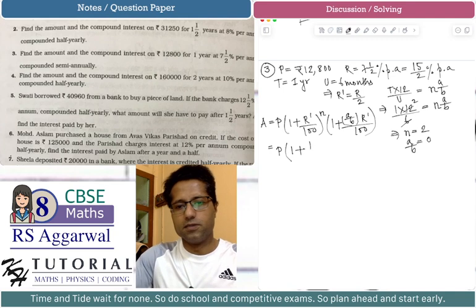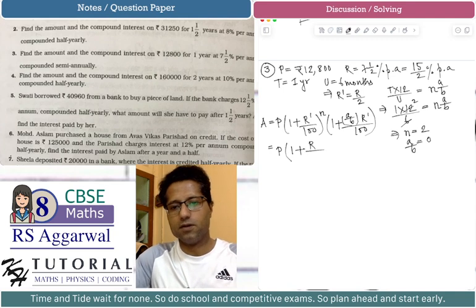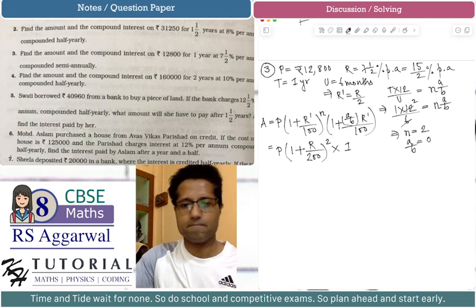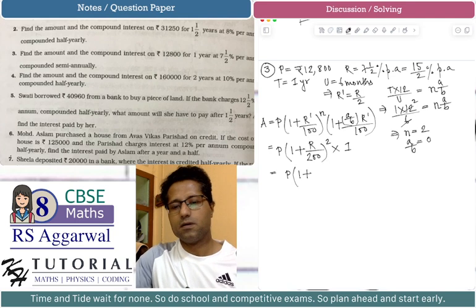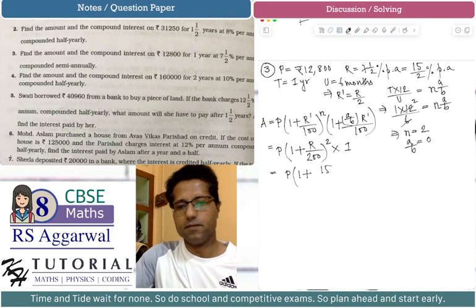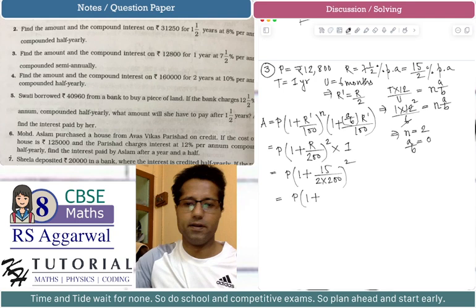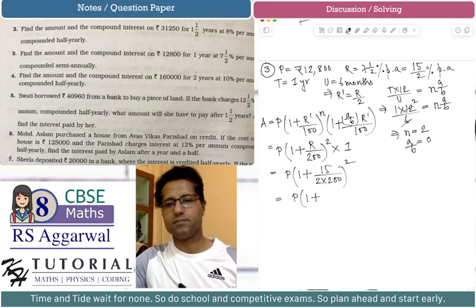Let's do it step by step. R dash is R by 2, so this will be R by 200, N is 2, and this will become 1 because the fraction A by B is equal to 0. This is equal to P times 1 plus 15 by 2 by 200, the whole square.